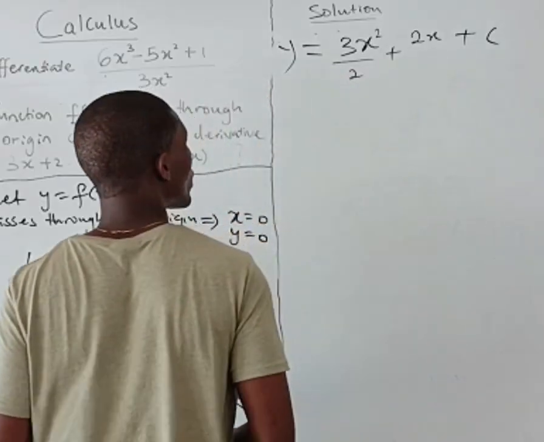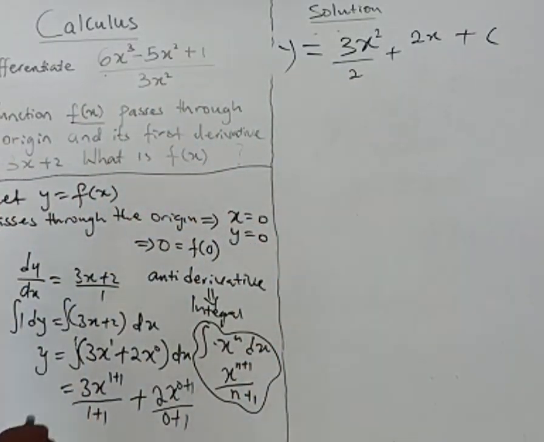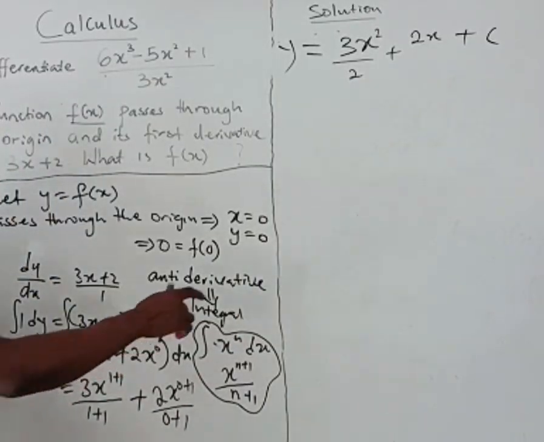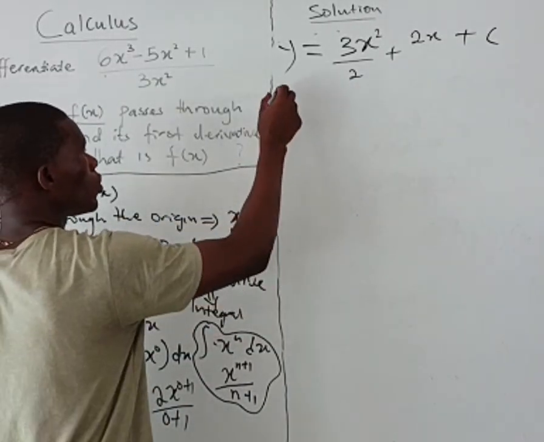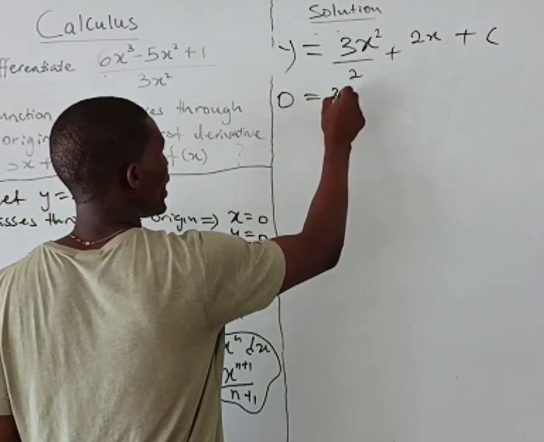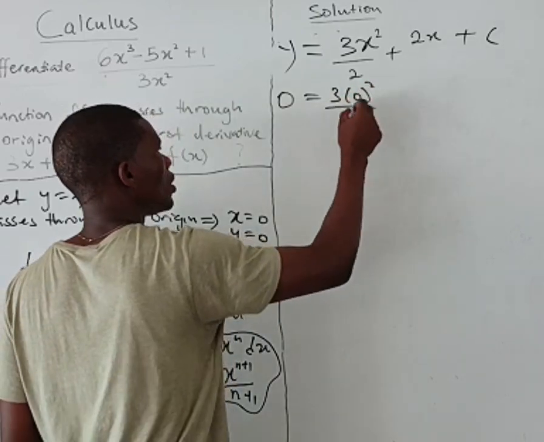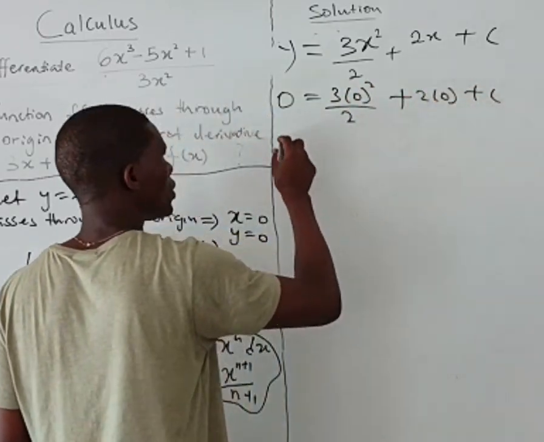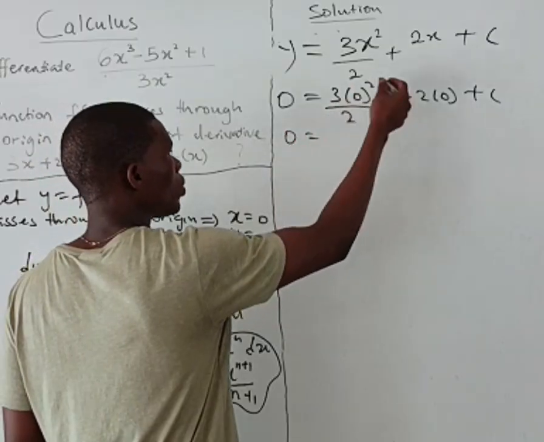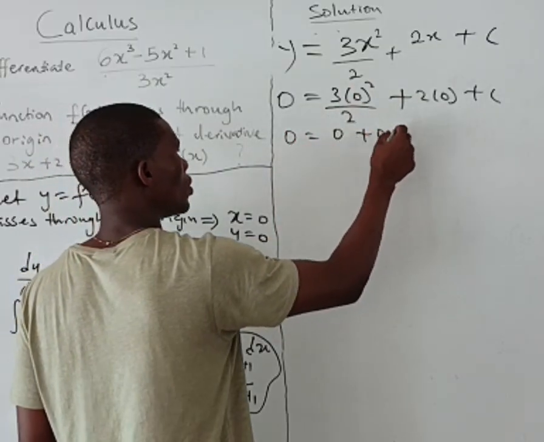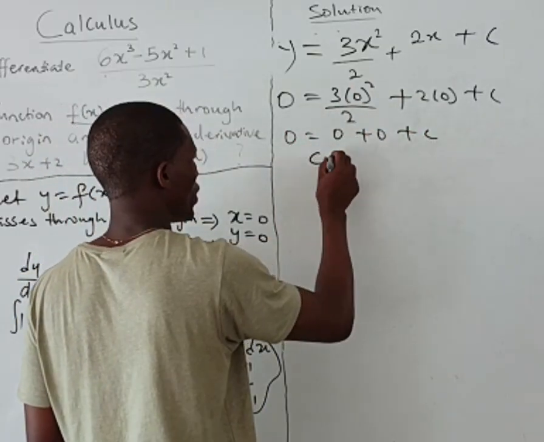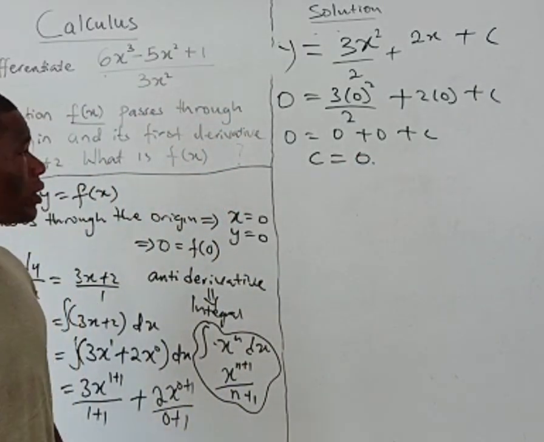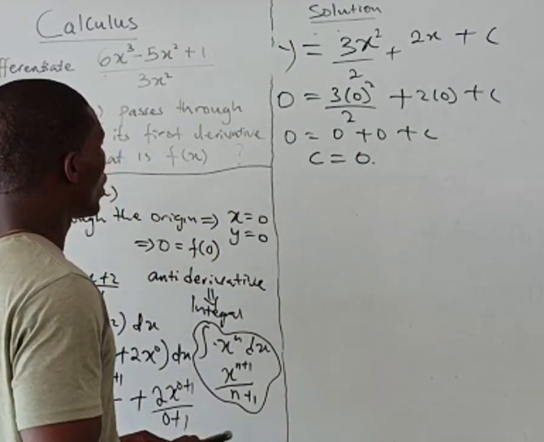Now we know that when x is 0, y is 0, so we can make use of that here. So y is 0 when x is 0, we have been given in our question. So that means 0 equals, the whole of this will give us 0 plus c. So we have that c equals 0. So that means the constant is 0. Alright.